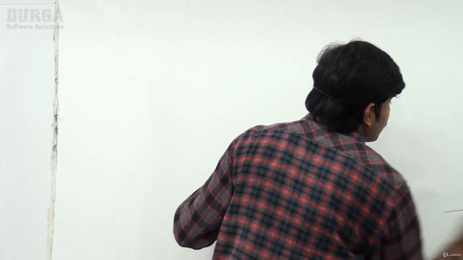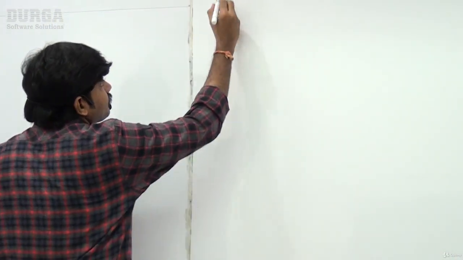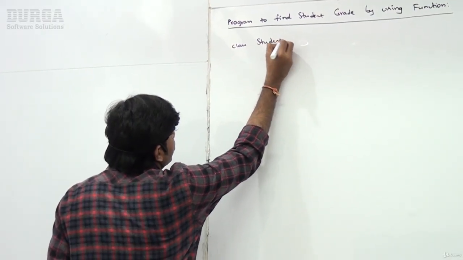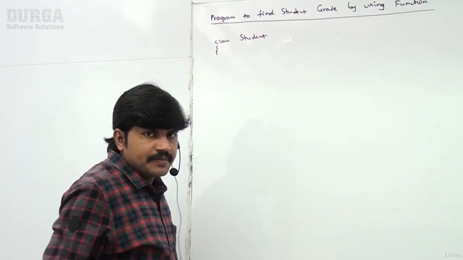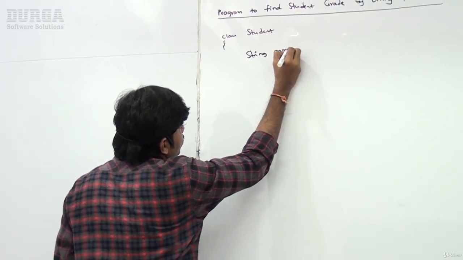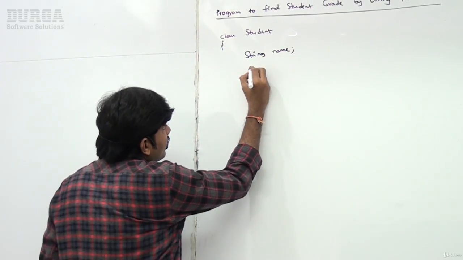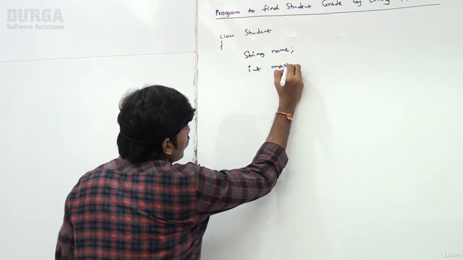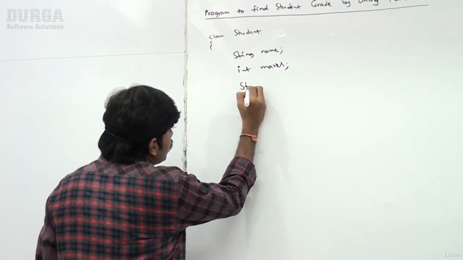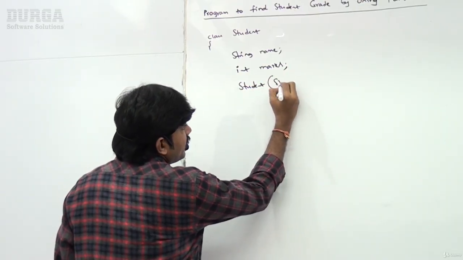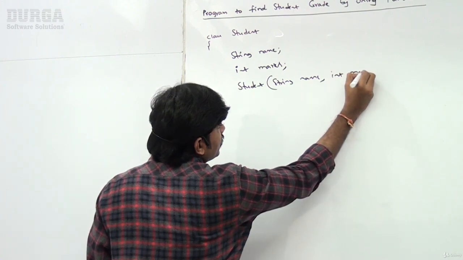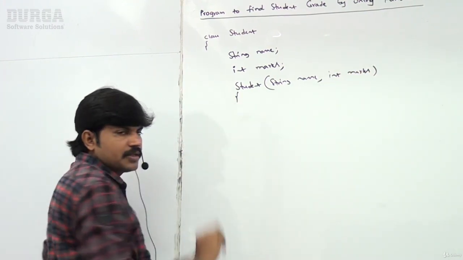What properties are there? Observe that I'm taking class Student. For every student, there is a String name and int marks.